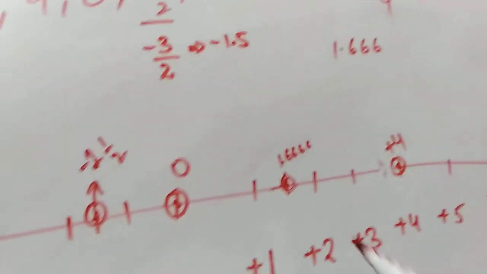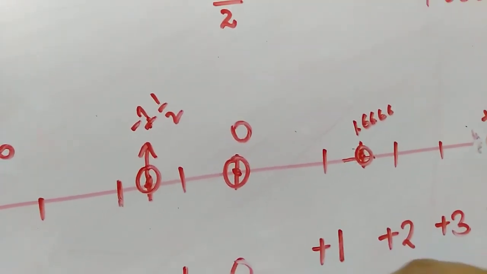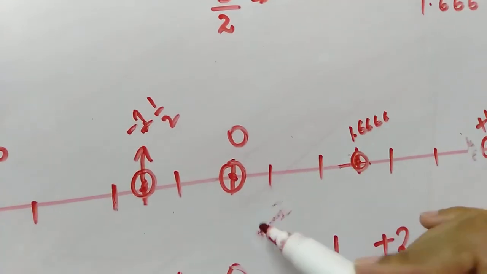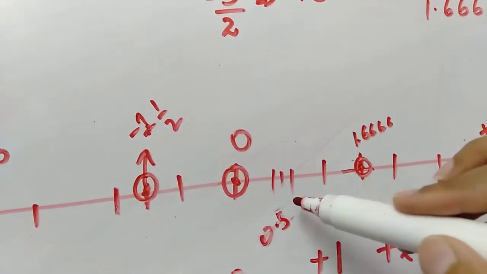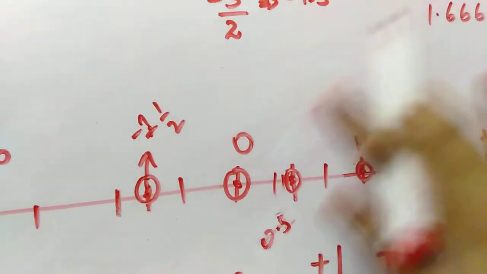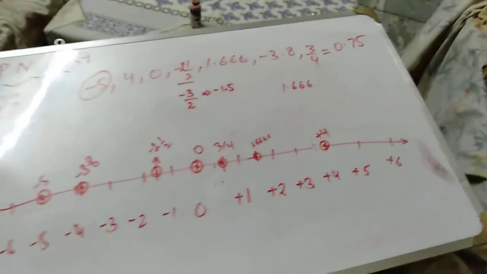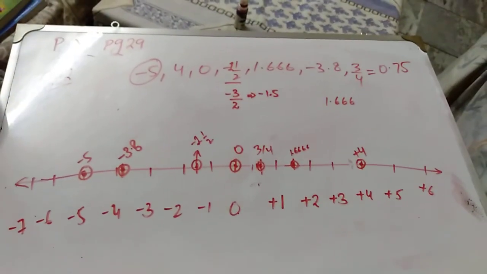Now we will represent 0.75 on our number line. Between 0 and 1, it's 0.5. So after 0.5, it is 0.6, then 0.7. So this is your 0.75 or 3/4. So this is the complete solution for practice now, which is on page number 29, question number 2.